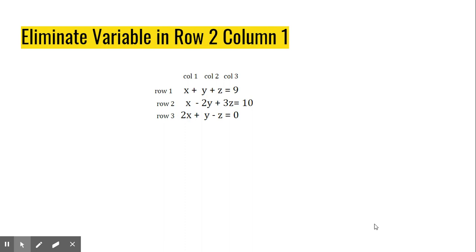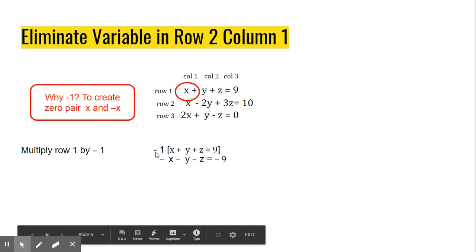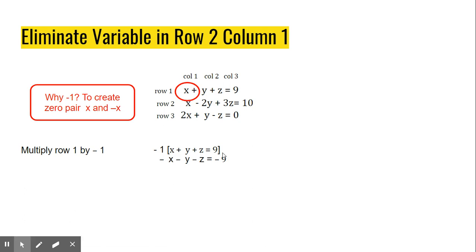Using that same system of equations, I want to eliminate the variable in row 2, column 1. It's an x. So I will multiply row 1 by -1. Now, why -1? Because I need to create a zero pair. I need to cancel out that x in row 2. So I need a -x to do that. So I'm going to multiply every term in row 1 by -1, and this is what I end up with.